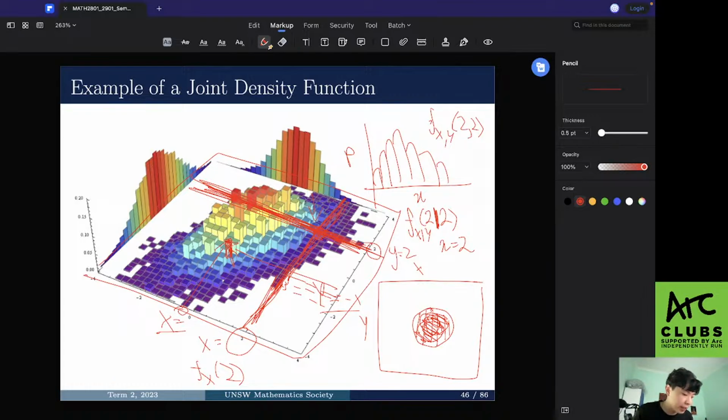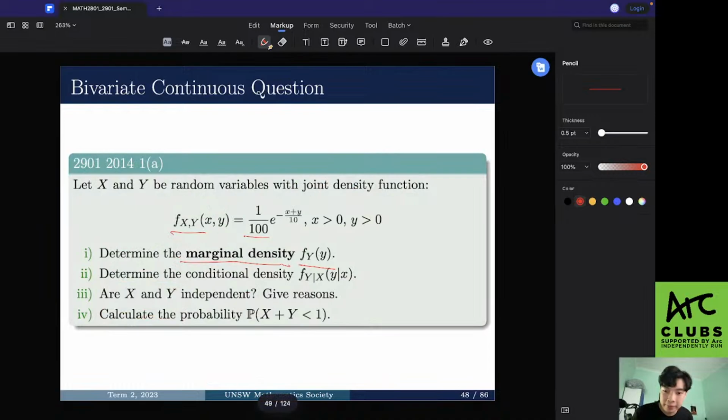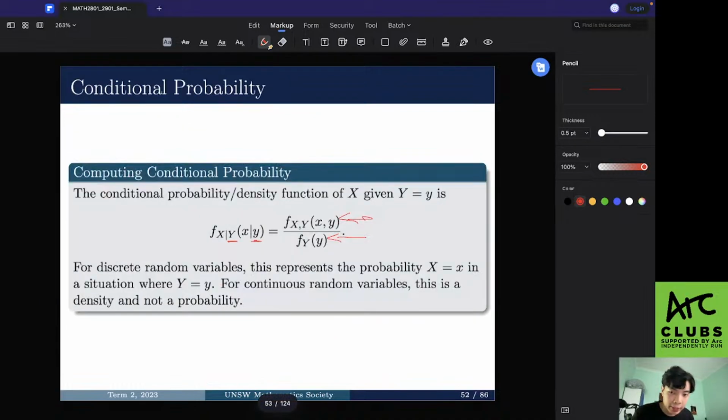The total probability is just the probability that y is equal to 2. And that's essentially where the formula comes from. So we have the joint density function of x and y over the marginal density of y. And that represents the probability of x given a specific y.